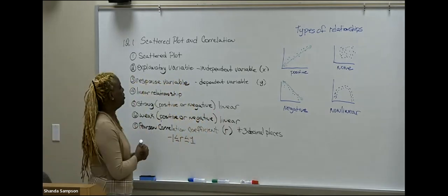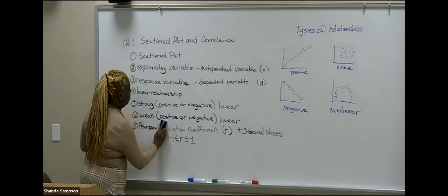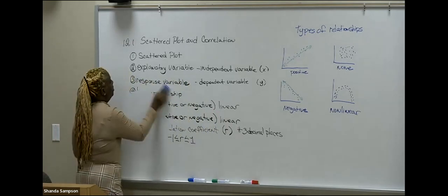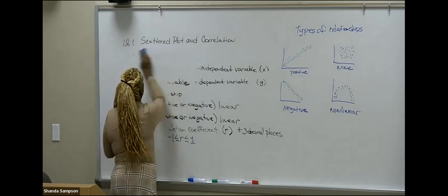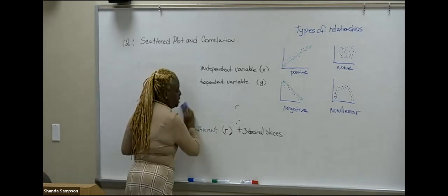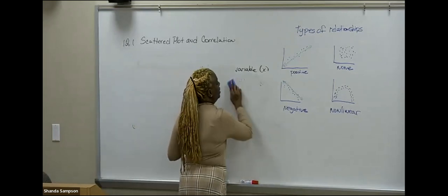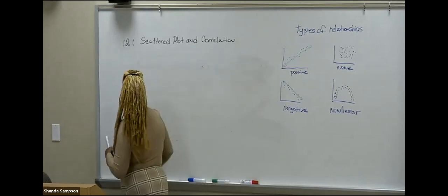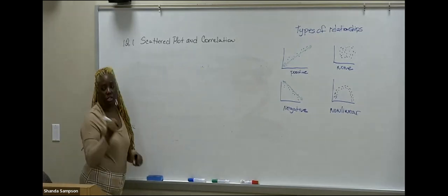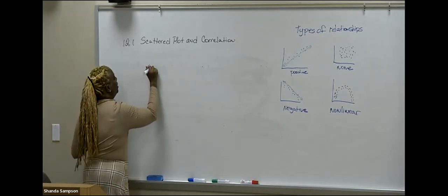So in this case, what did you say R was equal to? 0.693. All right. So in this one, we had R is equal to 0.693.